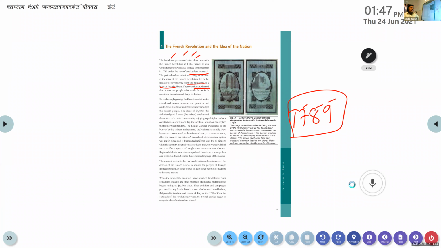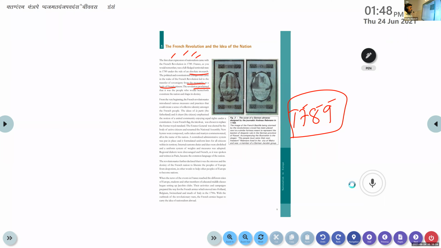We studied that already in India, at the time of the national movement. The national leaders used various symbols and icons, folklore, and history to unite the people. Like that here also. These things happened before the events in India. So Indian national leaders basically borrowed those ideas from the French Revolution.